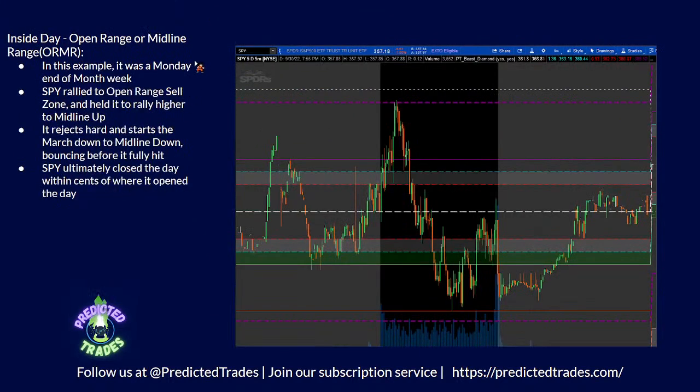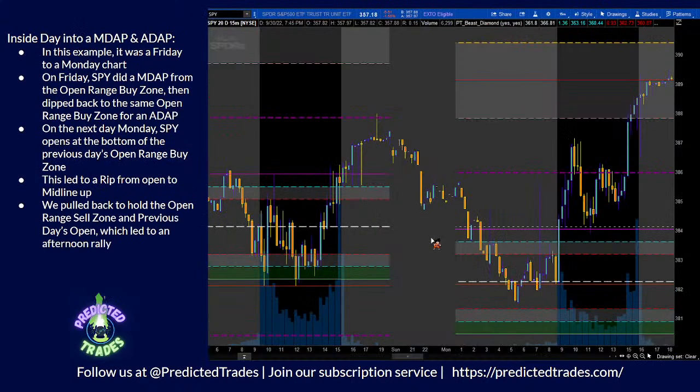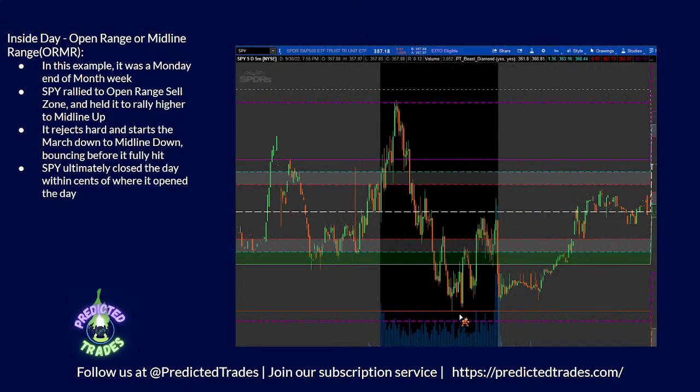The next playbook setup is the open range or midline range day. So this is where we can have chop days, right? On SPY, we opened and just ripped up to our purple midline. From there, we dumped pretty much down to our purple midline.